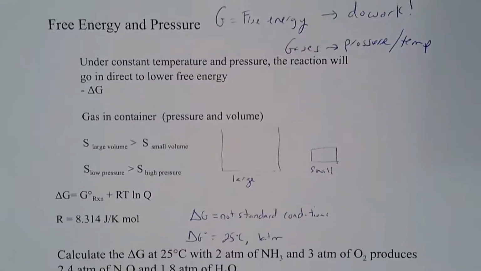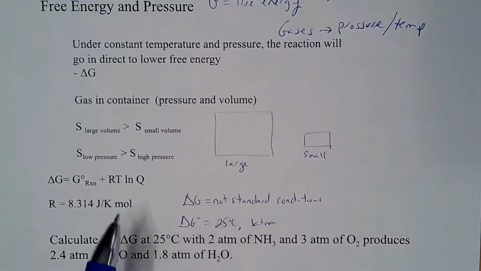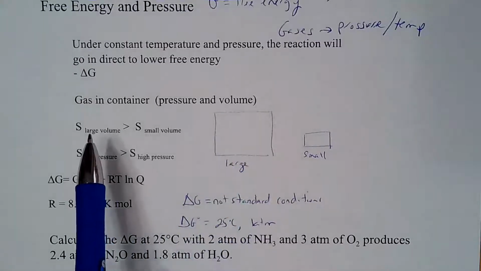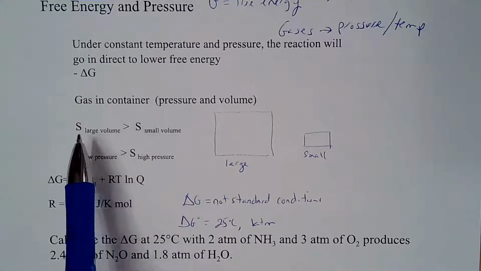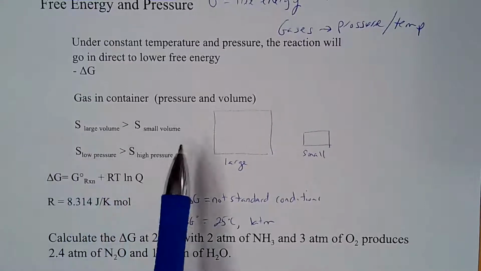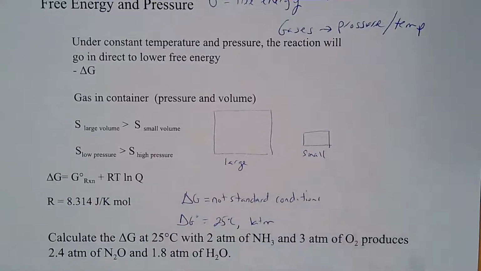To summarize this, and I'll show you how to do the calculation: if I have a gas in a container and I'm looking at pressure and volume, the larger the volume, the more S, or the larger the entropy is going to be compared to the small volume. Here's a large volume, here's a small volume.